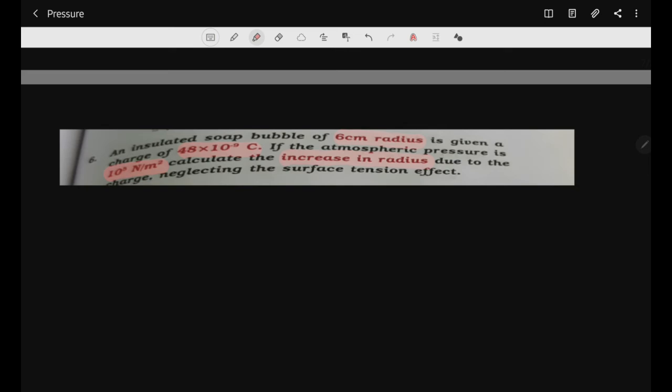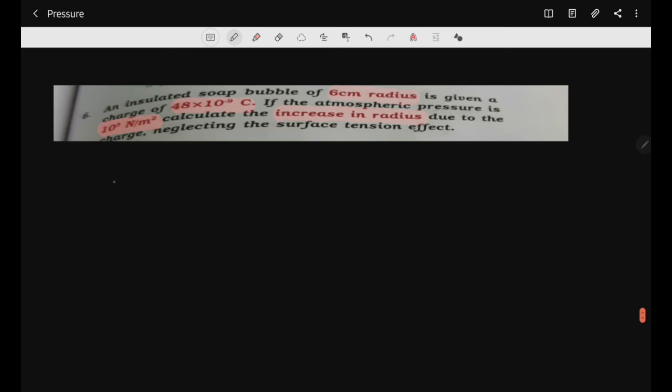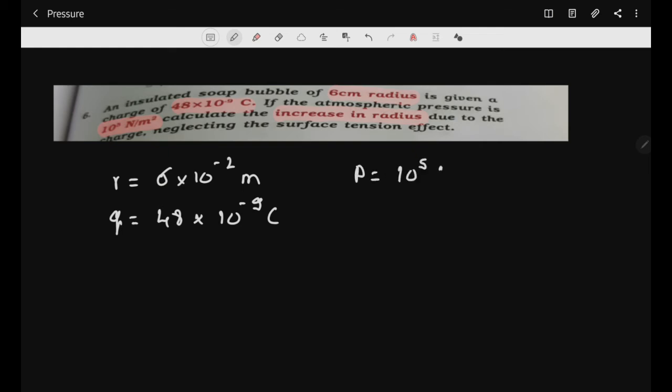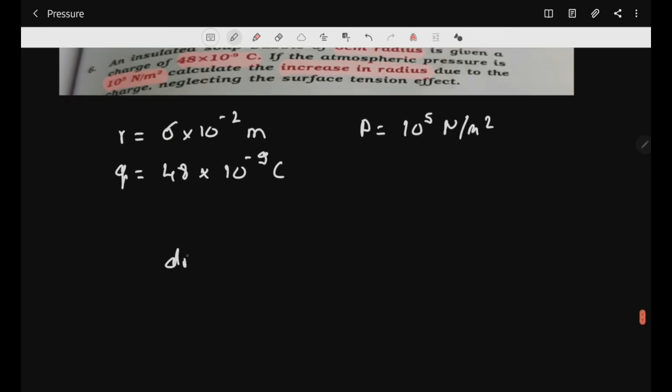So the initial radius is 6 centimeter, that means 6 into 10 raised to minus 2 meters, the charge is 48 into 10 raised to minus 9 coulomb, and the atmospheric pressure is 10 raised to 5 Newton per meter square, and we have to calculate the increase in the radius, that is dr.